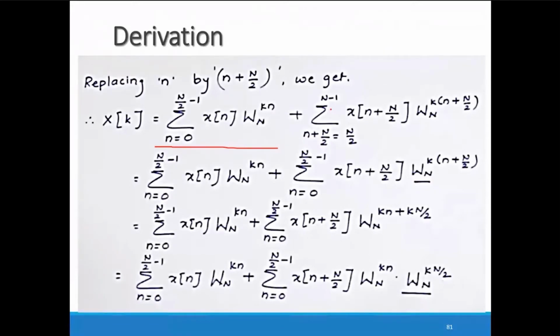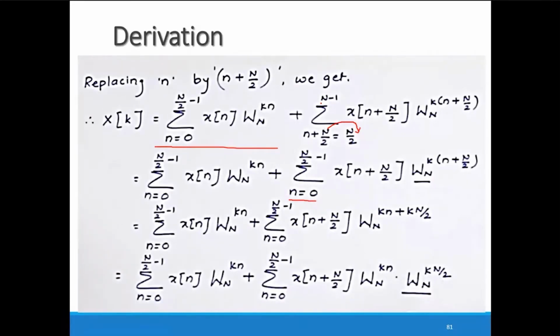So when you apply this value, here earlier it was x of n, and now we are replacing it with x of n plus N by 2, into omega N raised to k into n plus N by 2. So now, if I take this N by 2 to this side, you are getting n is equal to 0. This is what we have written over here.